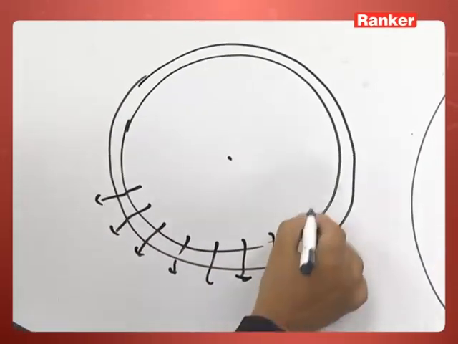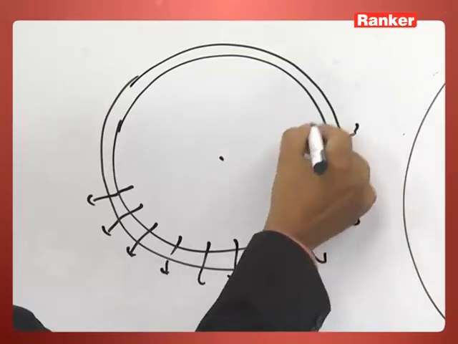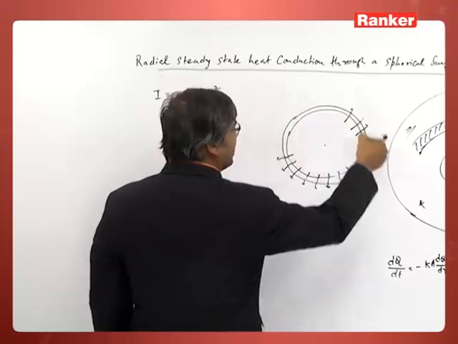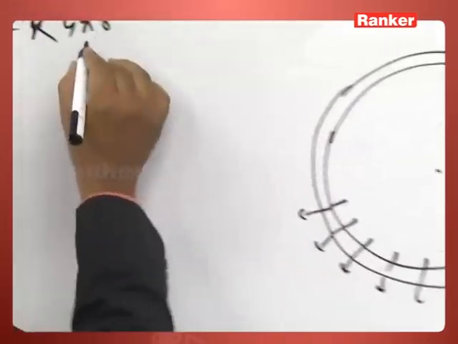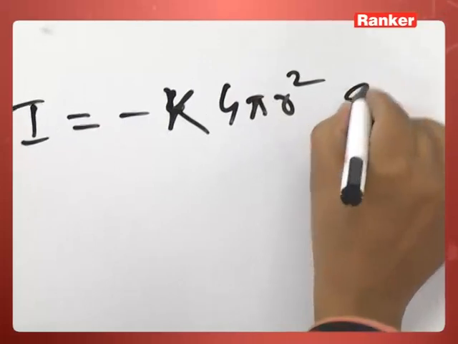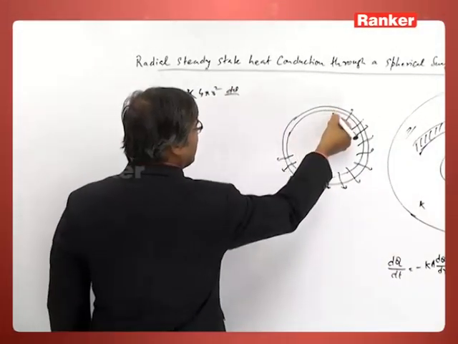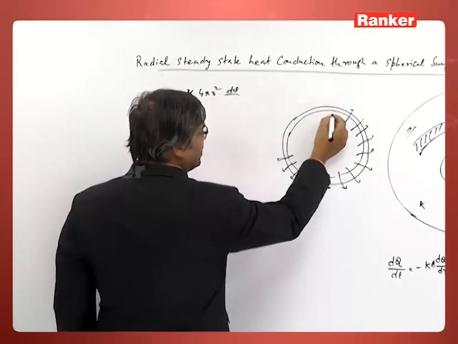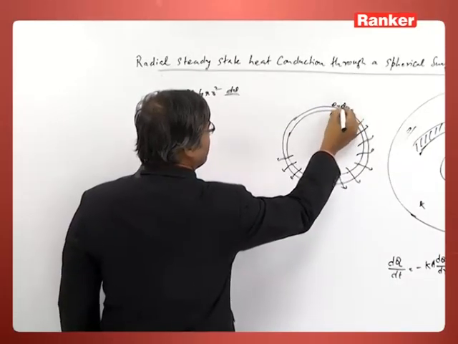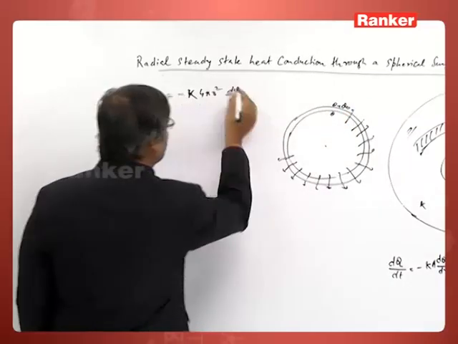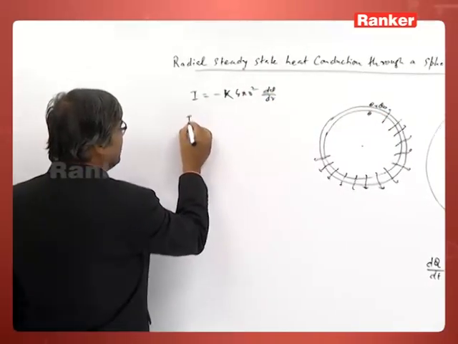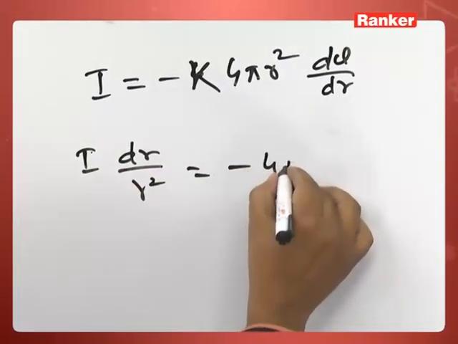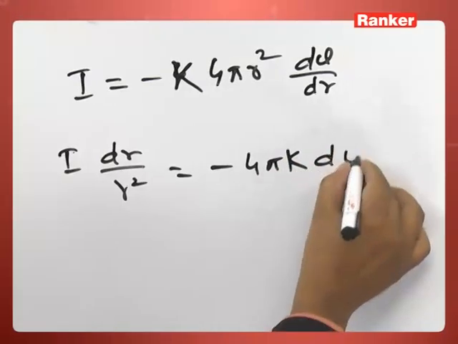How much length the heat current has to cross is dr, and how much area it has to cross is the surface area A. This area of cross section is 4 pi r square, and the temperature difference is d theta, and the distance between the regions of temperature difference is dr. So, we will put this as I dr by r square equals minus 4 pi k d theta.